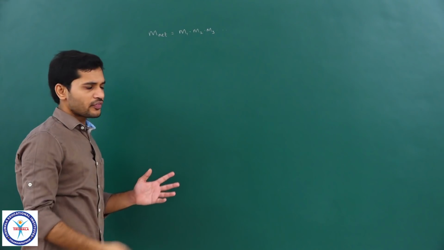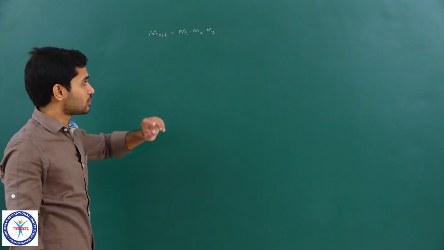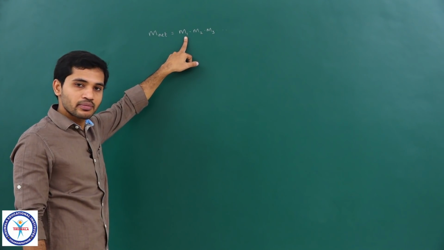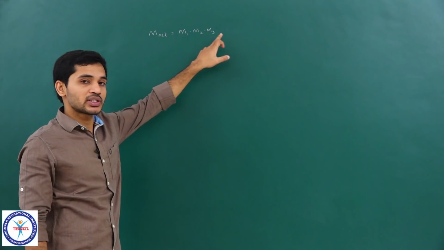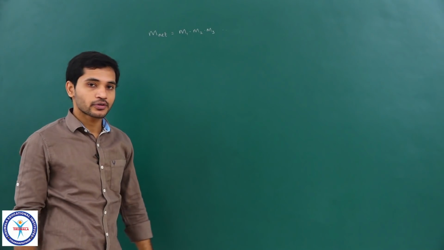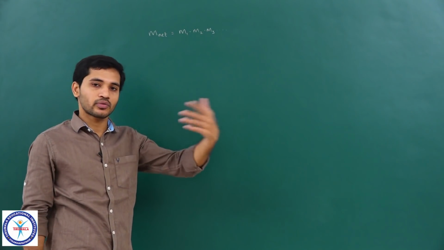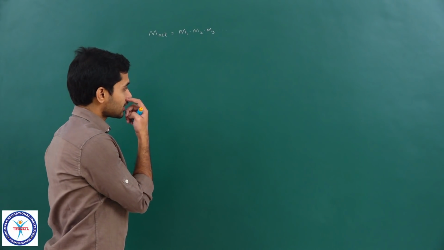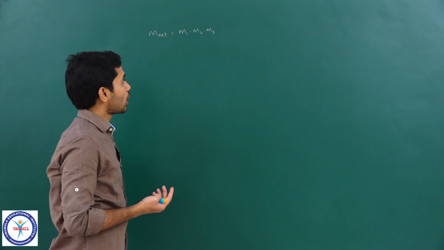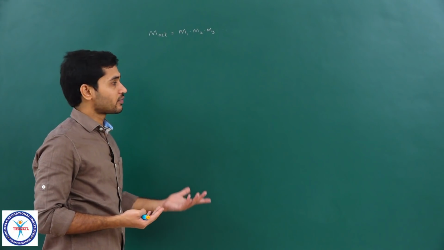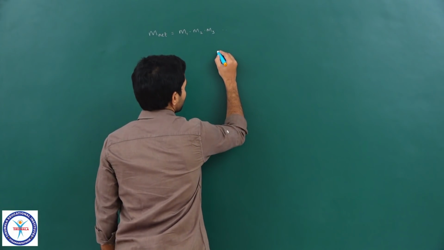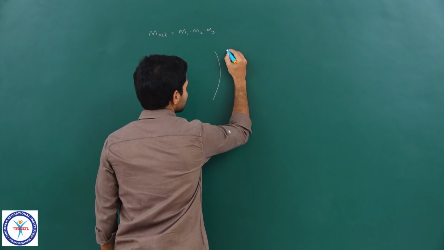If the first device produces M1 magnification, the second M2 and the third M3, we can just take the product of these 3, or whatever the number of devices that we have. Let us take one scenario and apply the concept of magnification to find out the final height of the image, right. Okay, let us take a concave lens.